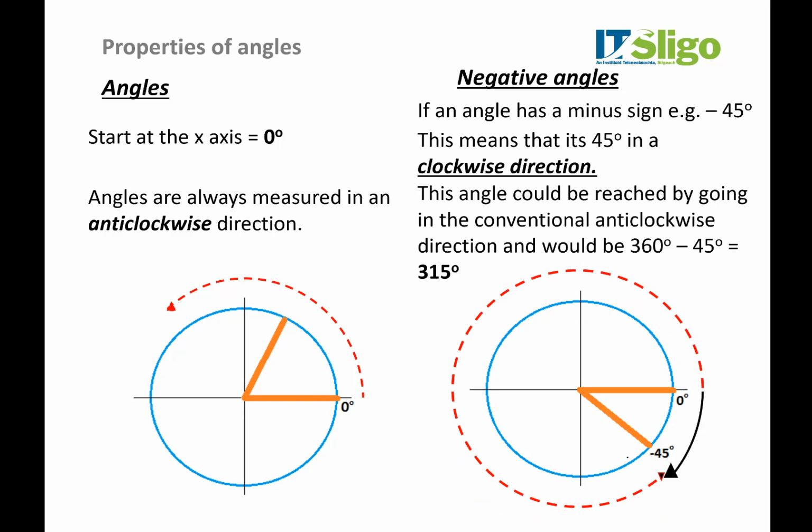So in this case, there'd be 360 degrees. So there's 360 degrees in a full circle. So in this case, it's 360 degrees minus 45. So the correct way to describe the angle minus 45 is as 315 degrees. We won't come across it too often, but it's just something, again, you need to be aware of.